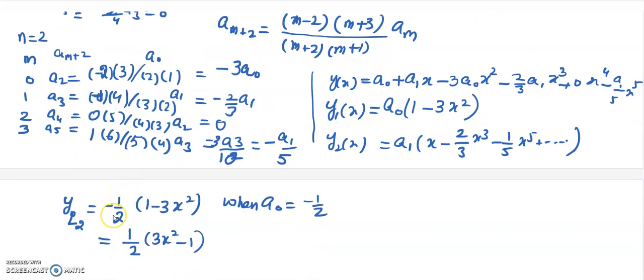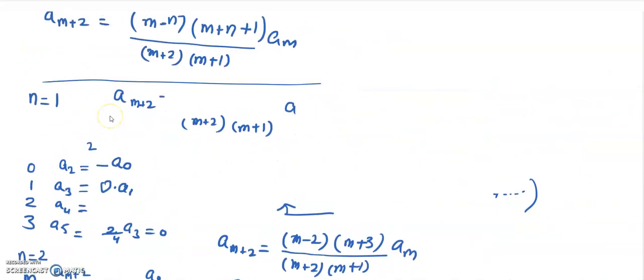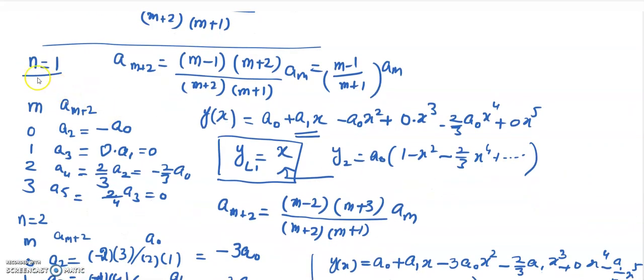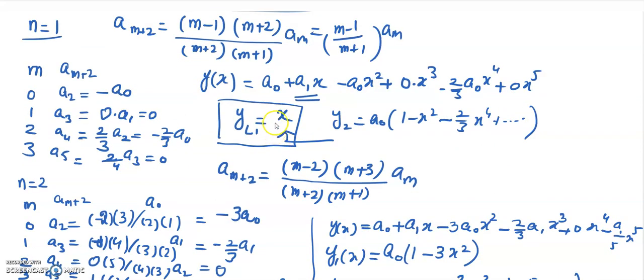So one thing you can note from this is that in this case the value of n for the Legendre's equation was even, and in the other case the value of n is equal to 1. So when the value of n was odd, which is 1, we got the solution from the odd powers of x.